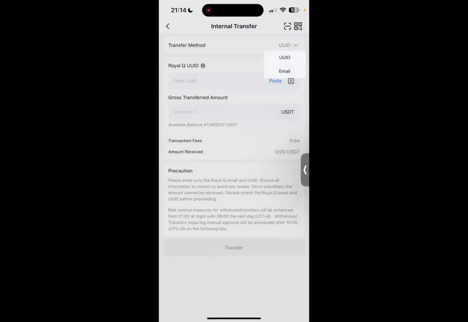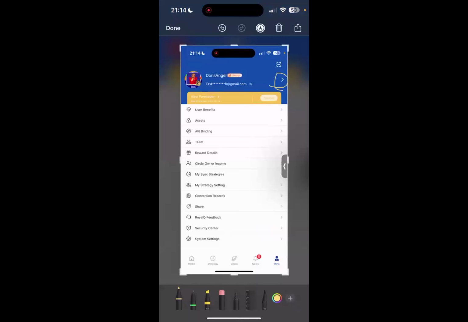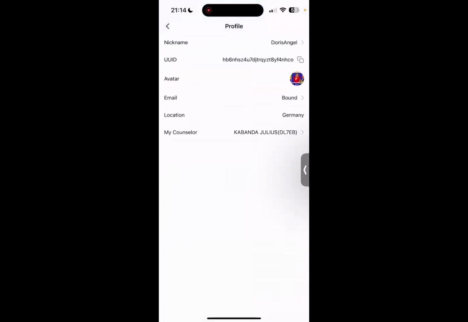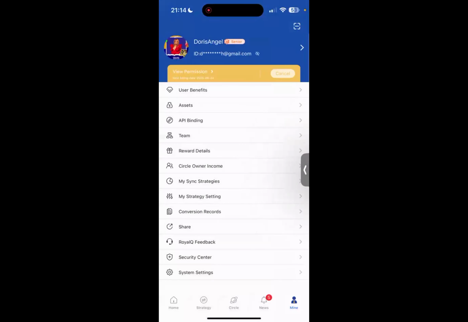Because some people might not be comfortable sharing their email with you. So you go to the mine button at this arrow here, you tap on it, then you see UUID. I can copy it and share it rather than sharing my email address.